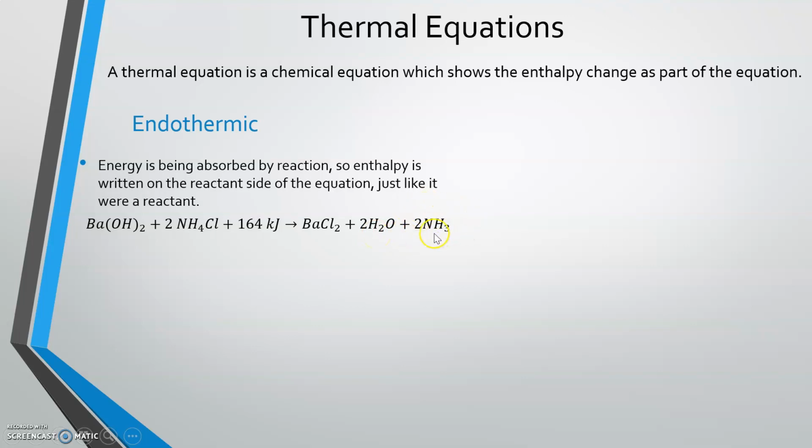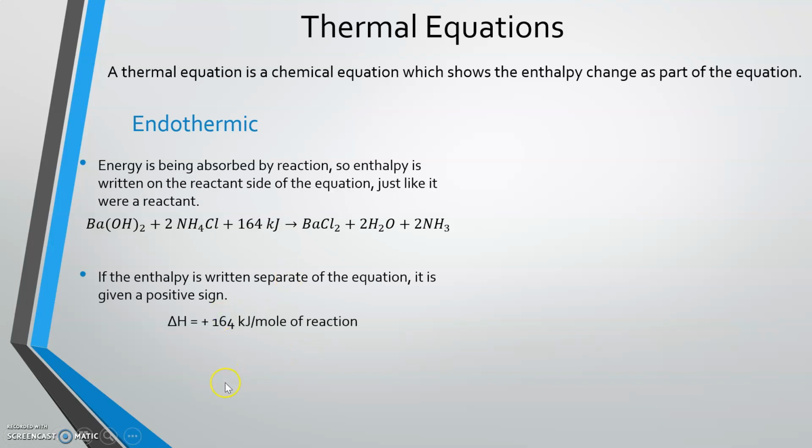And if you could have smelled it, you would have smelled a very strong ammonia smell, like smelling salts. So that's an endothermic reaction. You see the energy on the reactant side. If you were to write the enthalpy by itself, separate from the equation, you're going to write the delta H as a positive value. Okay, positive meaning we're adding that to the system.